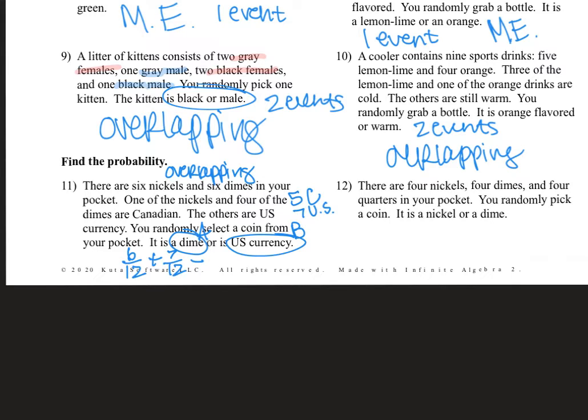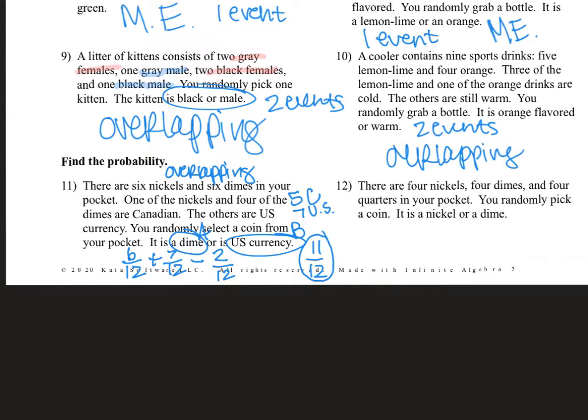So if 4 of the dimes are Canadian and there's 6 total dimes, that means that 2 of the dimes are U.S. out of 12. Okay, so 6 plus 7 is 13, and 13 minus 2 is 11, so 11 over 12 is your probability.